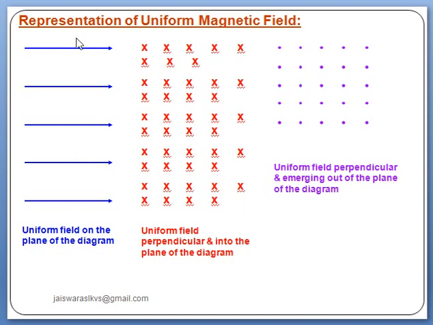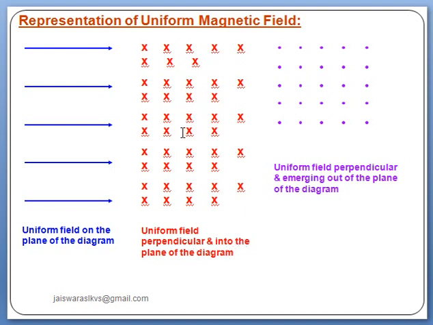See, this symbol shows the magnetic field line or a uniform magnetic field line on the plane. And second symbol, this cross symbol shows the uniform magnetic field line which is perpendicular and into the plane of the diagram.